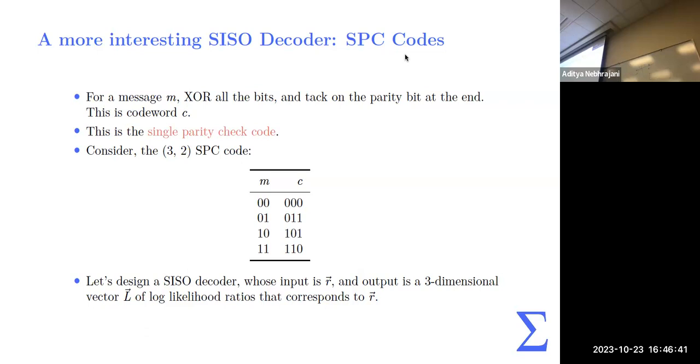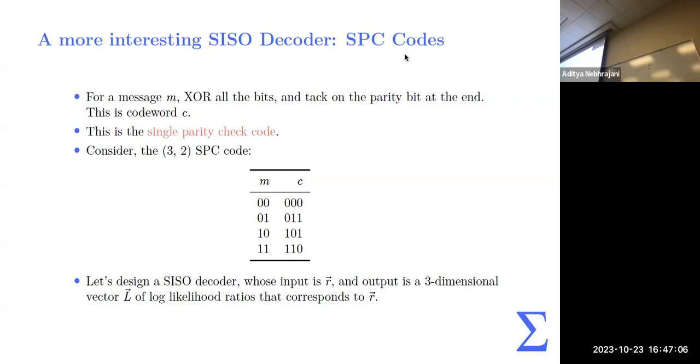In a systematic code, you have these message bits, and you can see the message in the code word. Usually it's the first part of the code word, so the message bits are separate and the check bits are separate. That's a systematic code. So this is an example where you have these zeros and these zeros here, and this column here is the parity check. And as you can see, that's just the truth table for XOR.